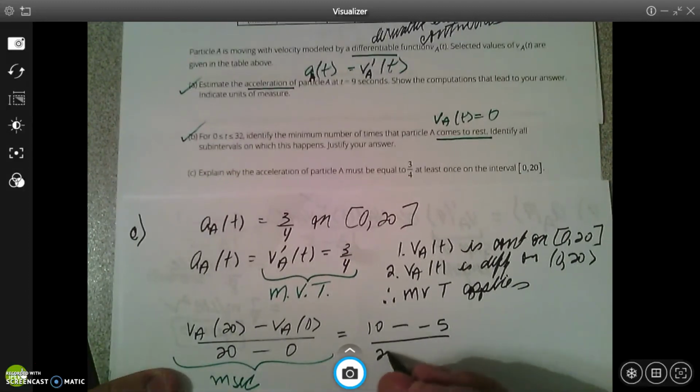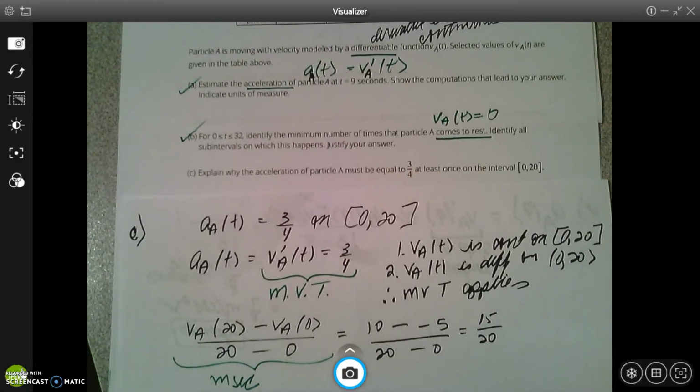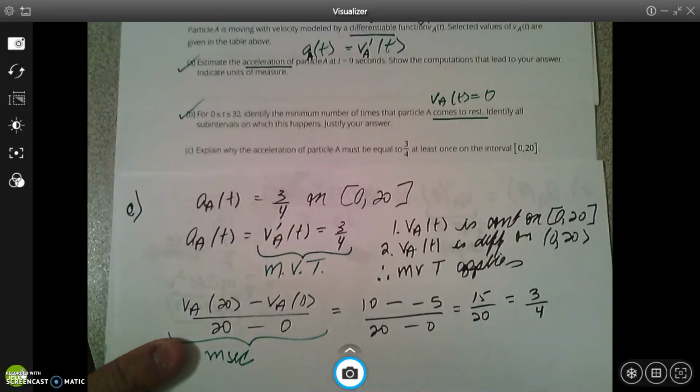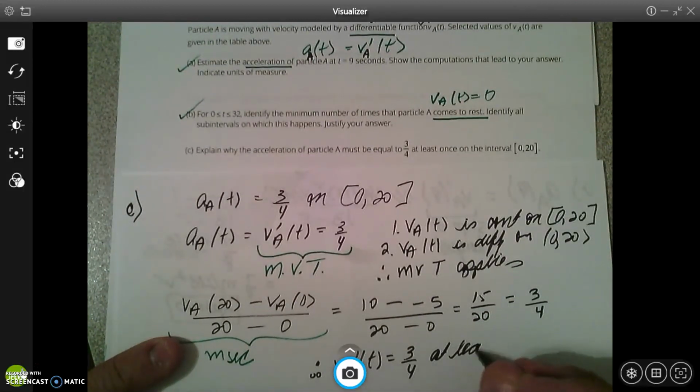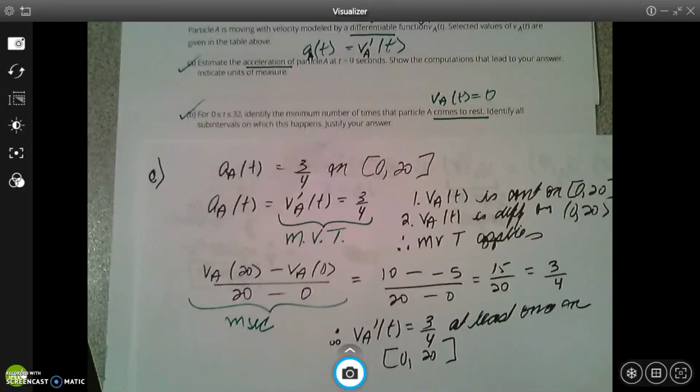Your denominator is 20 minus 0. Doing the computations, we get 15 over 20, which is 3/4. What this means, we can say, therefore, v sub a prime of t equals 3/4 at least once on the interval 0, 20. That's what the mean value theorem promises us.